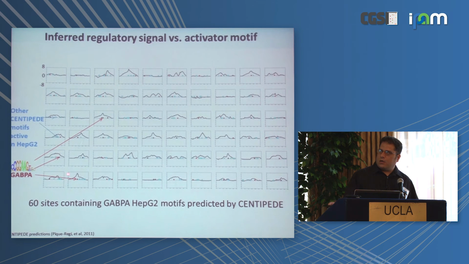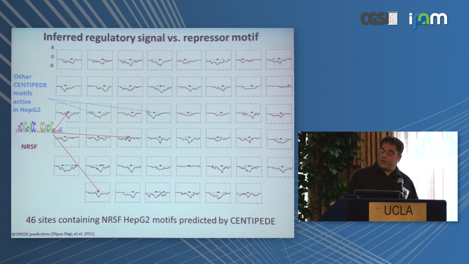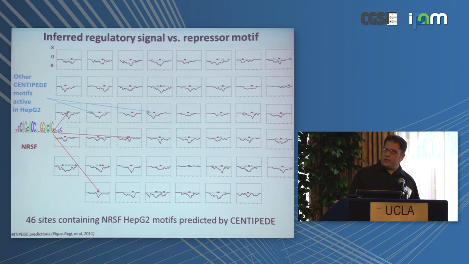So you can see it tends to be above average, and sometimes the peak of the regulatory activity is where that motif is sitting. This now contrasts if we take another motif, NRSF, which is a known repressor. The inferred regulatory activity is almost always below average, and quite often you see a strong dip of the inferred regulatory activity right where that motif is sitting.